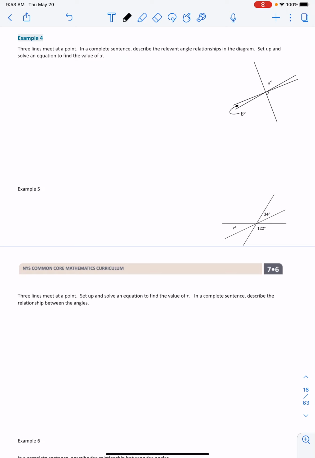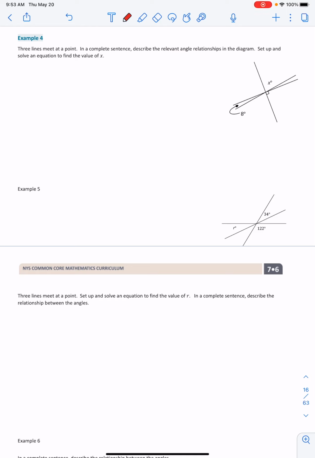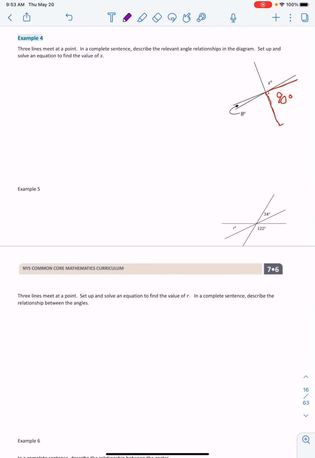Well, what we can do is we can say that because this angle here is 90 degrees, we can also say that this angle and this angle are vertical angles. Therefore, this angle is 8 degrees.